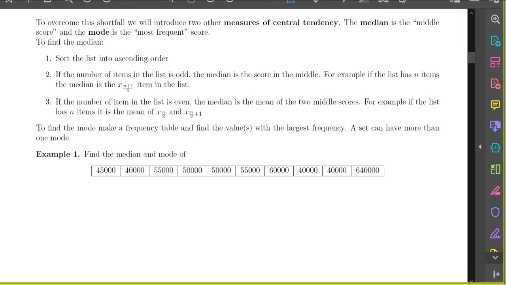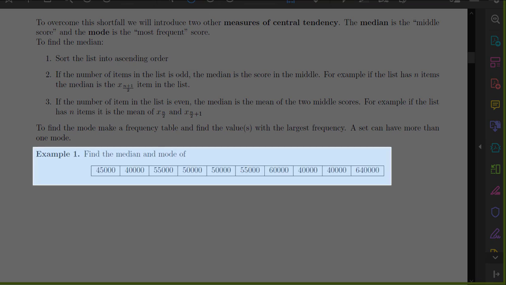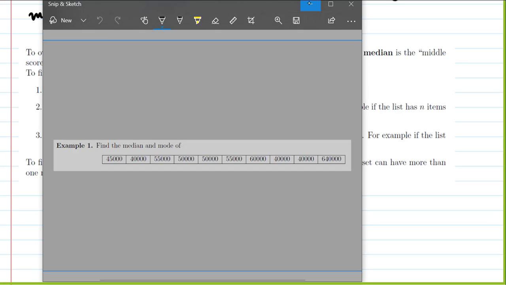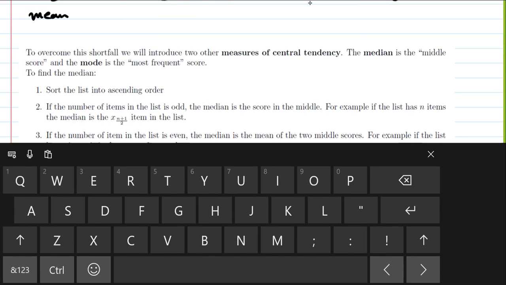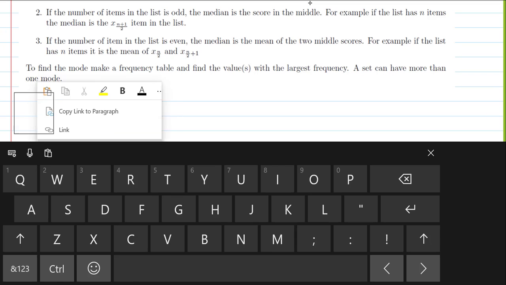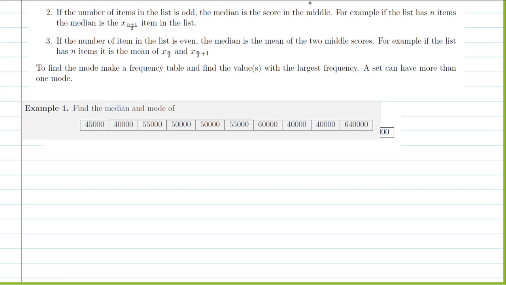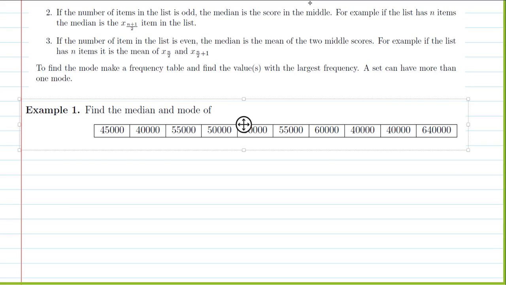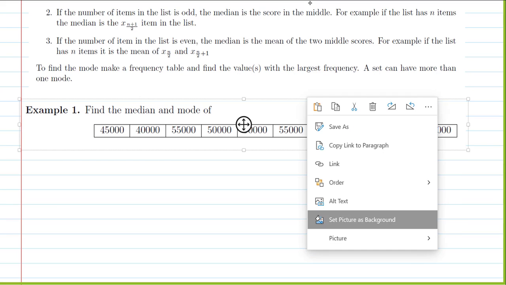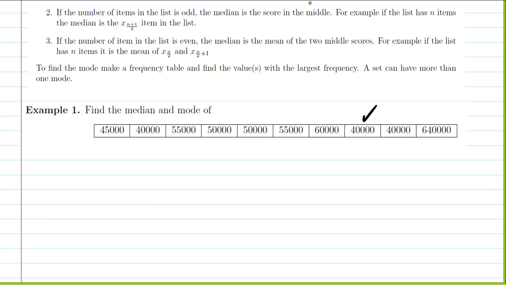All right, so let's find the median and the mode of this data set. So our 10 salaries. So to find our middle number, we need to rearrange this set into ascending order. So our smallest value is 40,000. And we have two of them. Three of them.